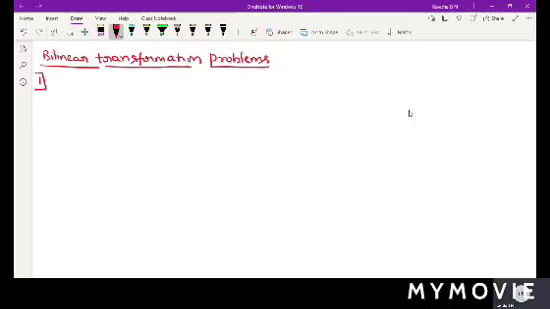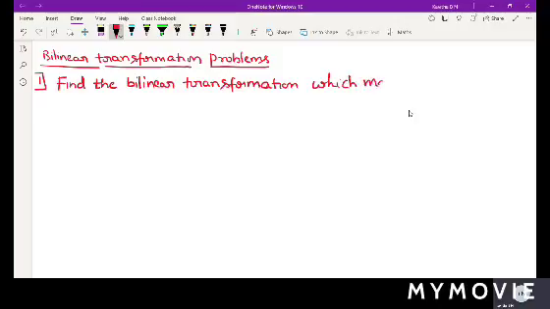First one, find the bilinear transformation which maps z equal to infinity, i, 0 into w equal to minus 1, minus i, 1.